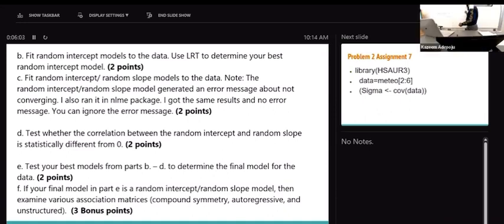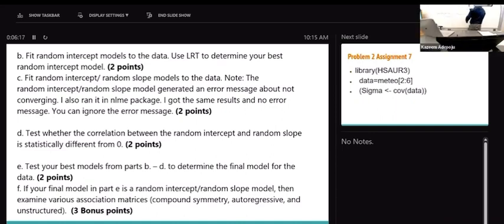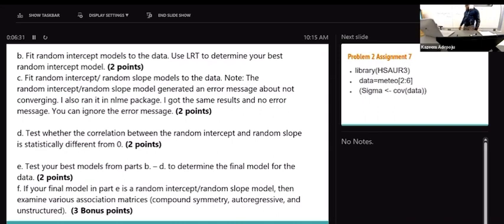The one with interaction, I'm going to have protein on diet multiplied by weight plus 1 vertical bar cow. Either this or this, I'm still talking about random intercepts, except that one is without interaction and the other with interaction.